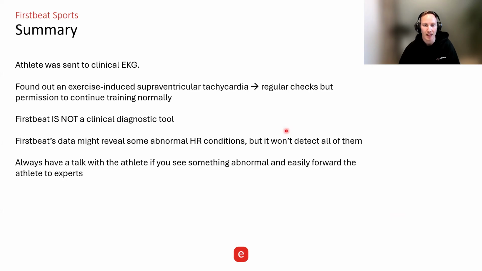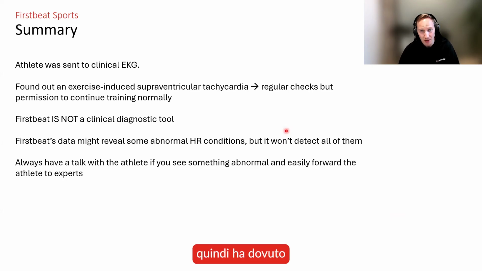And it didn't affect the training, so he had to undergo regular checks, but luckily got permission to continue training normally. And I have to highlight here, Firstbeat is not a clinical diagnostic tool, but its data might reveal some abnormal heart rate conditions, but it won't detect all of them.